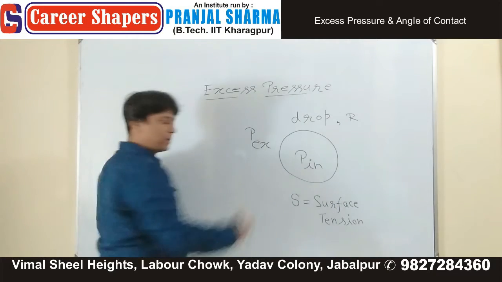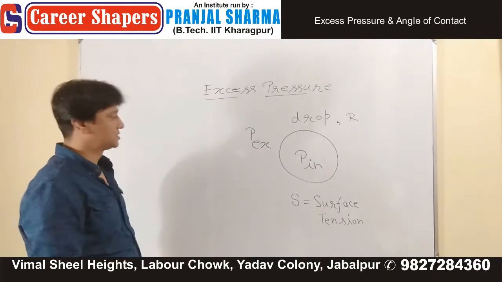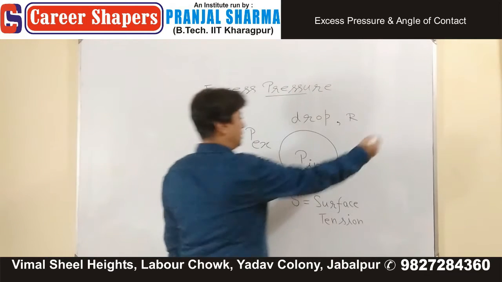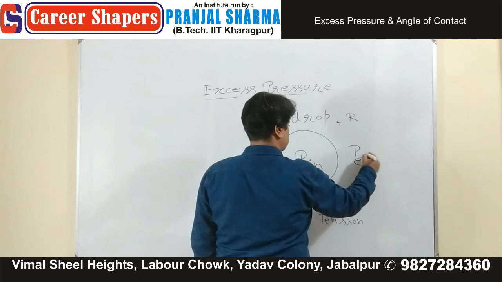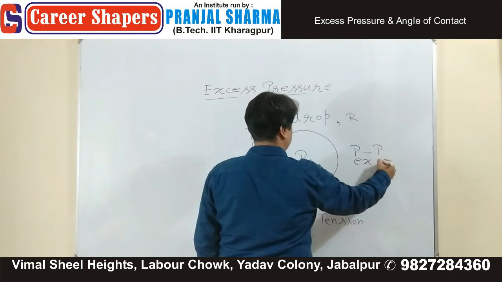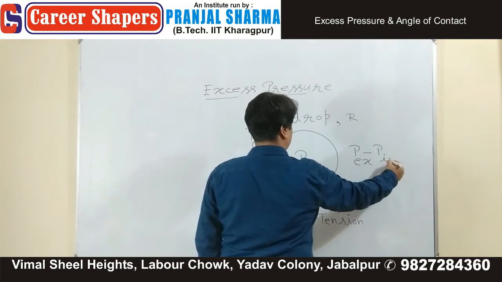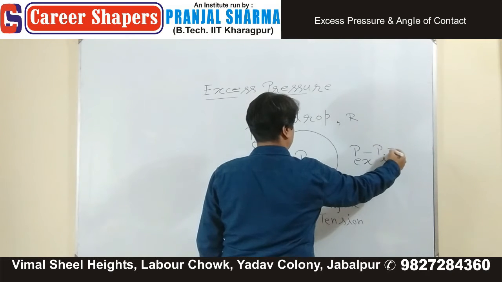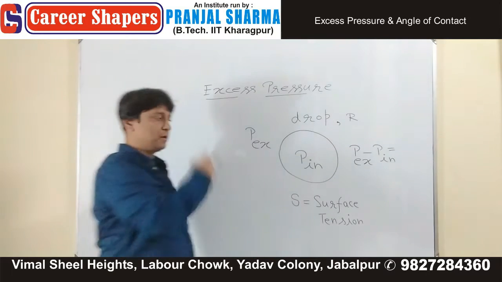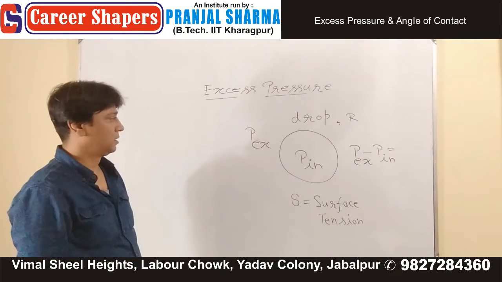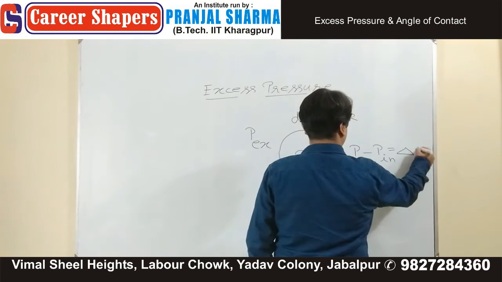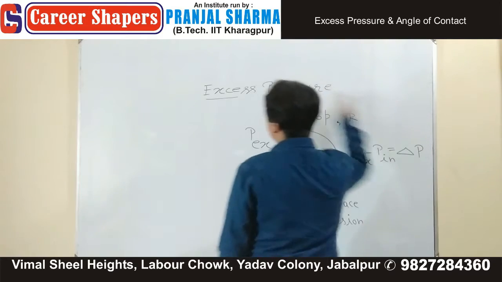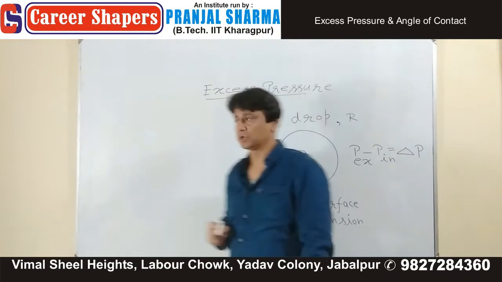Inside P internal, outside P external. Our aim is to find P external minus P internal, delta P, which is called excess pressure.